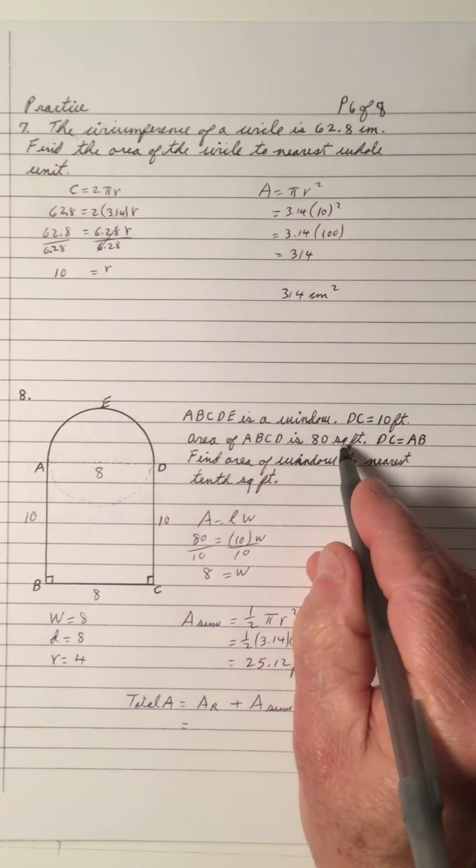In most cases, if you round at the end, you're more accurate. I want to round to the nearest tenth, so 2 is less than 5, so I do not change the 1. So the area is 105.1 square feet.